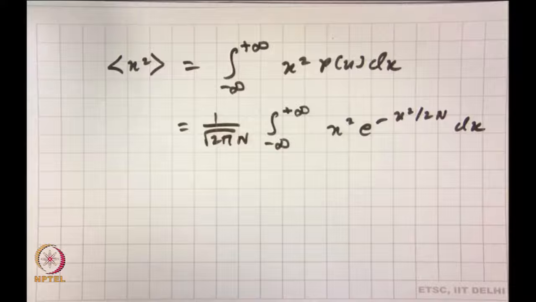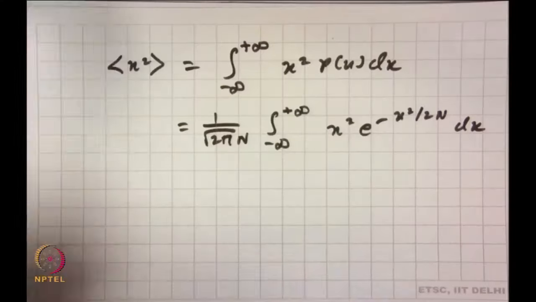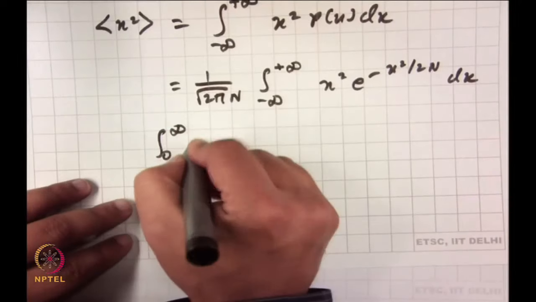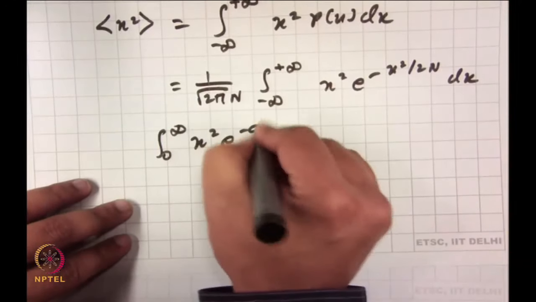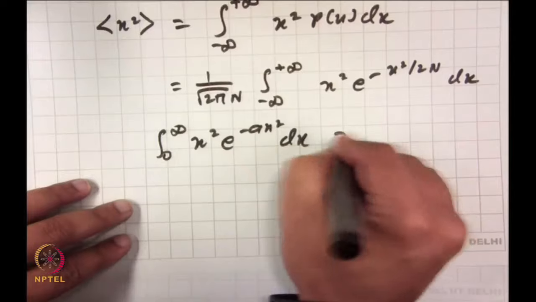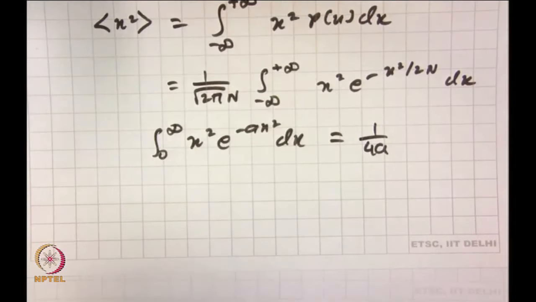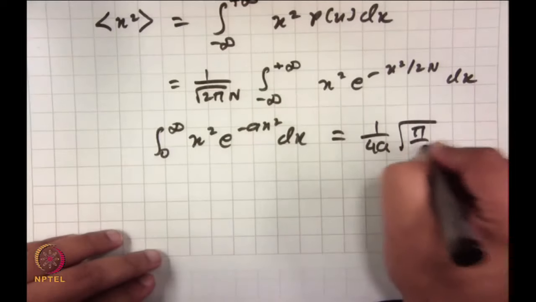Now, there is also a standard integral which is given to you for this. The standard integral is 0 to infinity x square e to the minus a x square d x is equal to 1 by 4a, I mean, let me look at it, I do not want to give you the wrong one, root over pi by a.